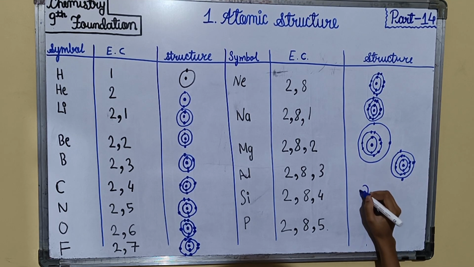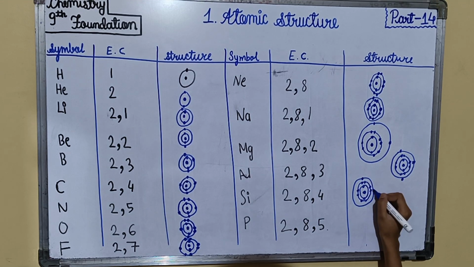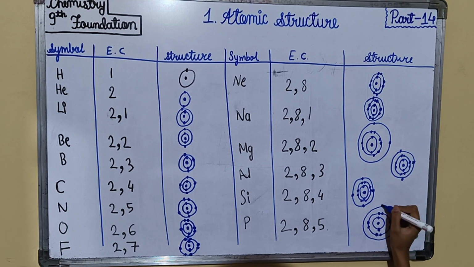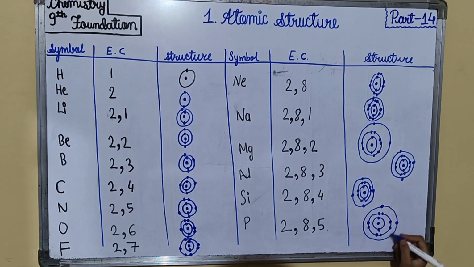Silicon is this. 2 comma 8 comma 4. And phosphorus is this is phosphorus. I hope you've understood till this.